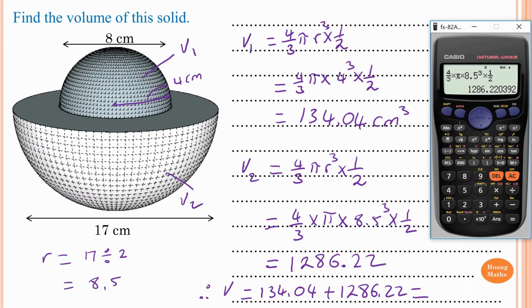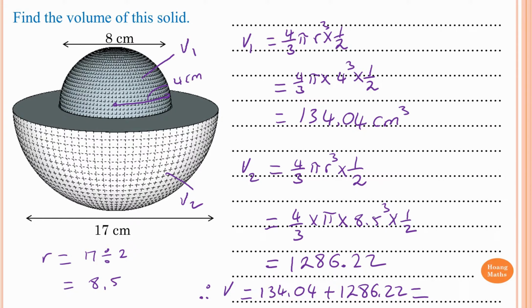So all I need to do, I store that in B first, shift store in B. So now what I do, I just go alpha A plus alpha B. So that's the answer. So 1420.26, okay, because the 1 is after 6, which is less than 5. So I just write this down, 1420.26, and the unit is cubic centimeters.